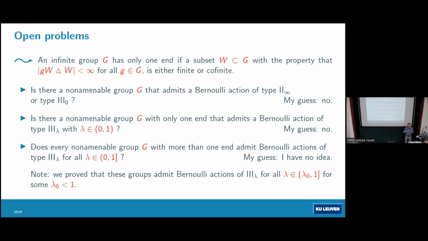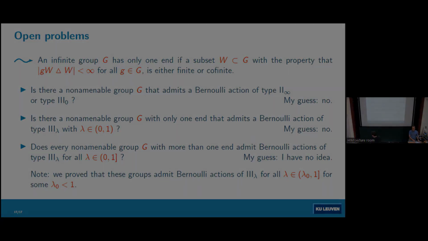And how close to 1 has to do with what the free, amalgamated free, or HNN decomposition of Stallings' theorem really looks like. So here, this gets very subtle, it seems. I wouldn't dare to make any guess here. And with these open problems, we'll stop. Thank you.